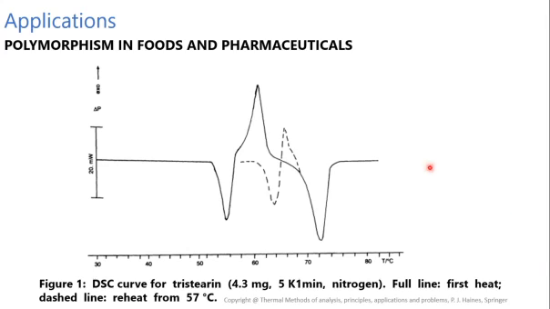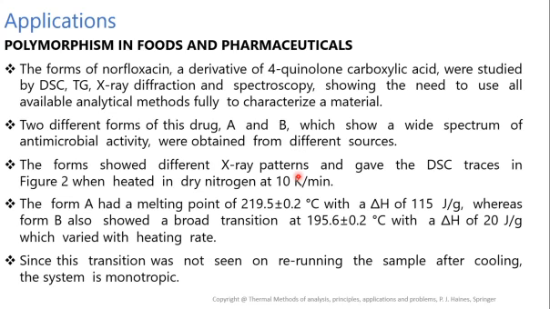The full line indicates the first heating. Then the dashed line indicates reheating from around 57 degrees Celsius. From that we can identify different kinds of polymorphs present in the glyceride.